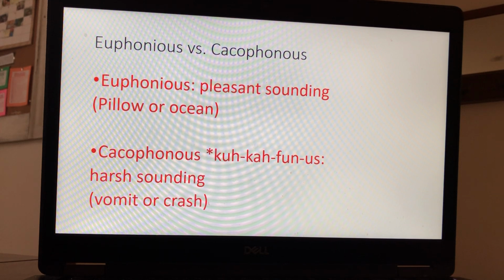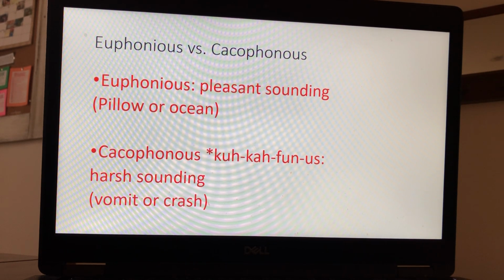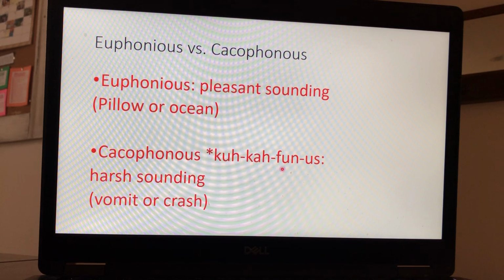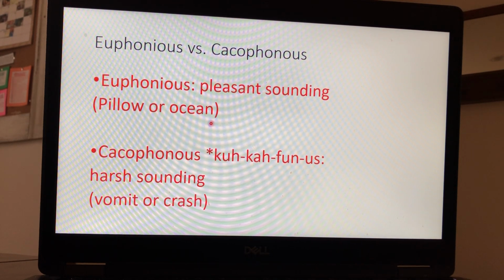Okay, so we have euphonious and cacophonous. I put the pronunciation down here of cacophonous because I mispronounce it every time. And so that's how you pronounce it. Euphonious is really just pleasant sounding diction. Okay, a word like pillow, right, rolls off the tongue, or ocean rolls off the tongue.